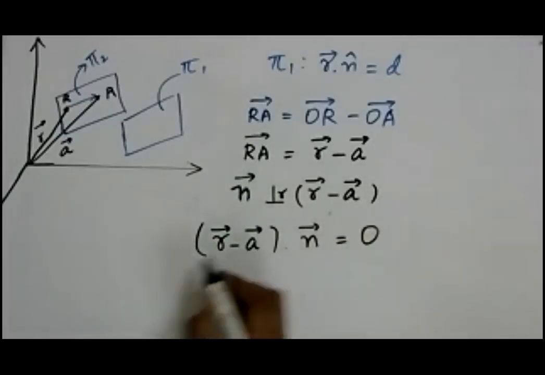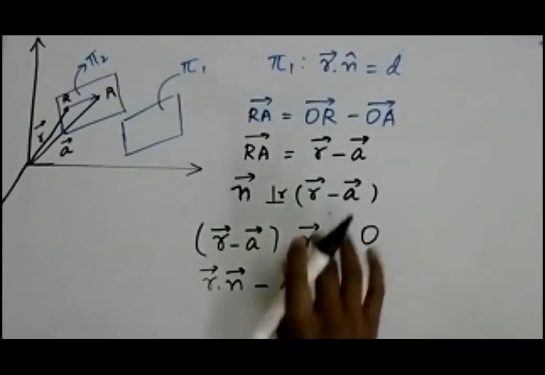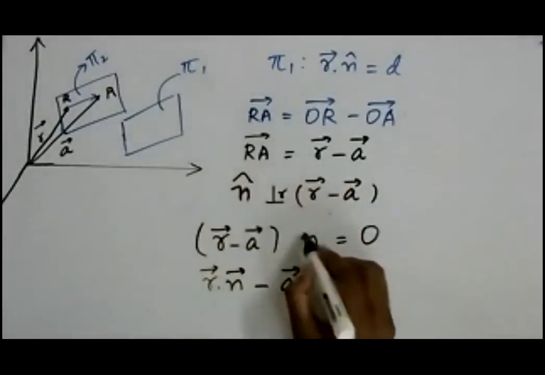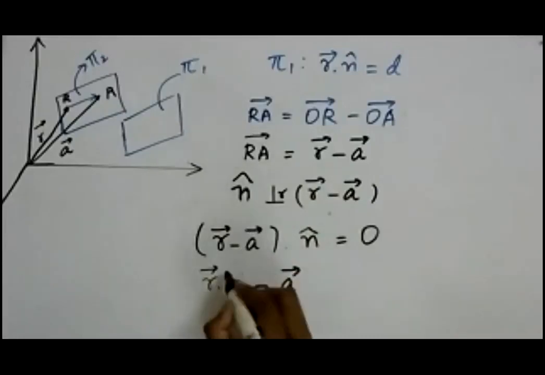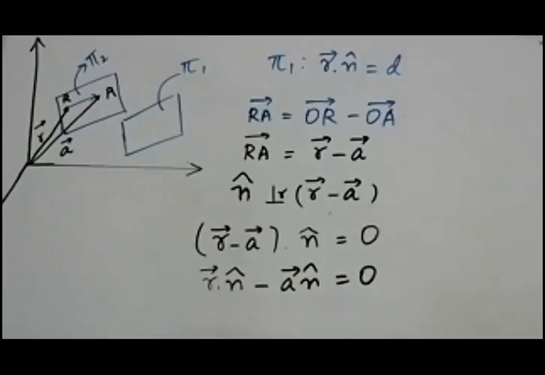Performing the dot inside, we have r dot n hat minus a dot n hat is equal to 0. So we have r vector dot n hat vector is equal to a vector dot n hat vector.